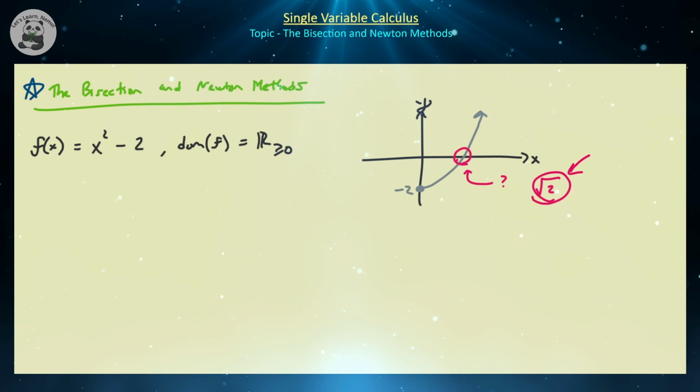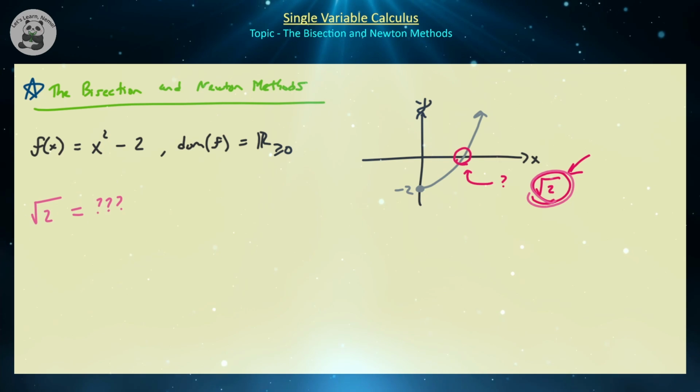This is just a common example of where elementary function definitions and practicality sort of butt heads against each other. So how can we find the true value of this point whose name we give the square root of 2? Again, we do not necessarily have to have such a beautiful function and a name for this beautiful number, but this is just to guide your intuition behind what is going on between these two methods.